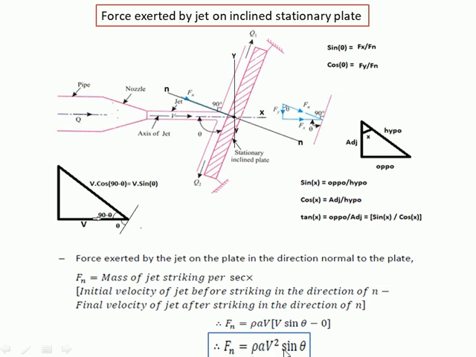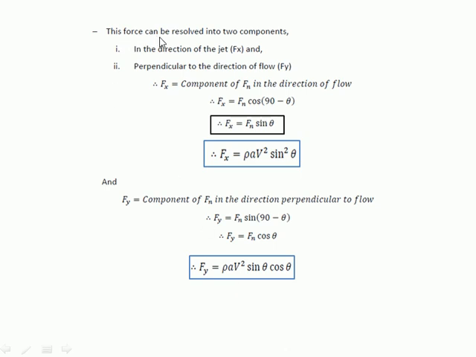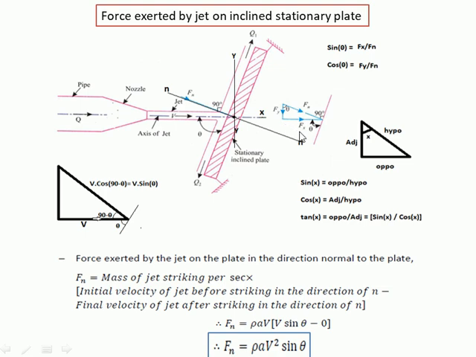Remember this. Now this force can be resolved into two components. First, in the direction of the jet, that is Fx, and perpendicular to the direction of the flow, that is Fy. Therefore Fx is equal to the component of Fn in the direction of the flow. Therefore Fx is equal to Fn cos of 90 minus theta. You can see in this diagram, the angle between Fn and Fx is 90 minus theta.